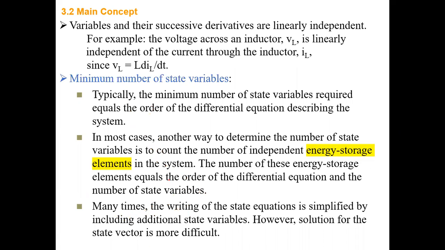Now, the minimum number is equal to the order of the equation. However, many times you write the equation by including additional state variables, maybe one or two more than the minimum.